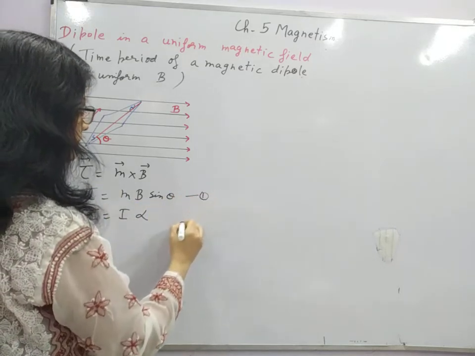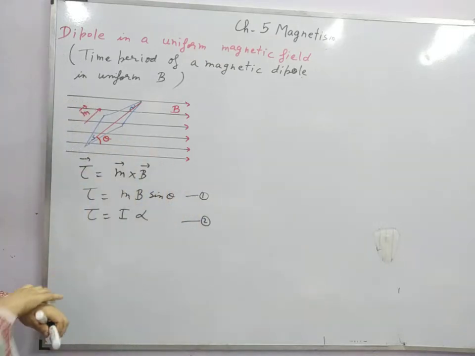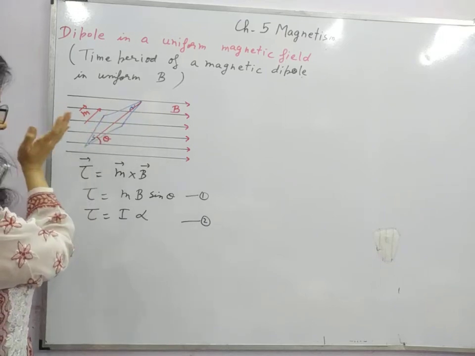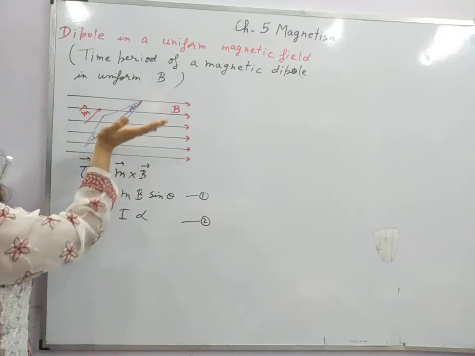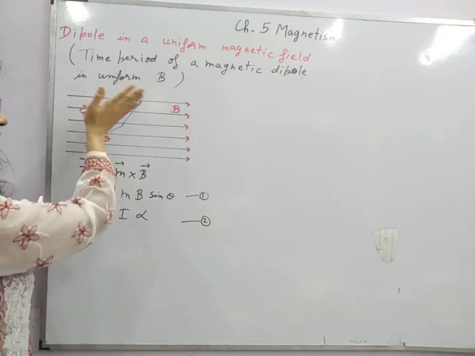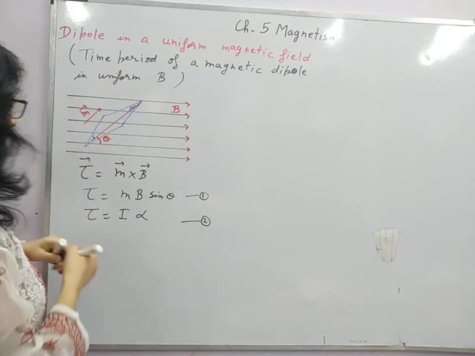And when this magnetic torque acts on it, this rotates it this way, but due to inertia, this restoring torque also acts on it, which tries to bring it back to the original position. So that means this deflecting torque and the restoring torque are equal and opposite.